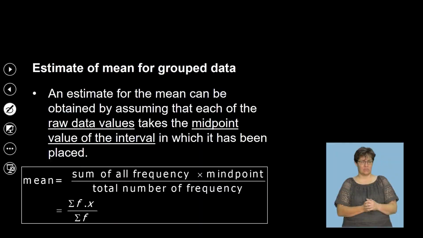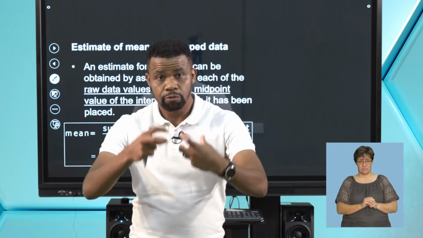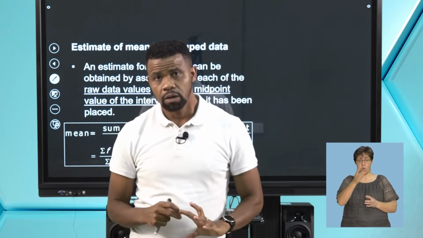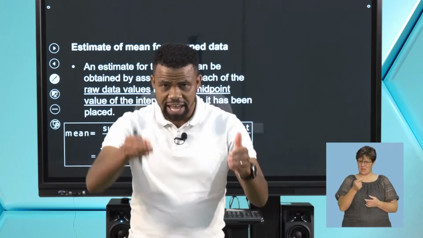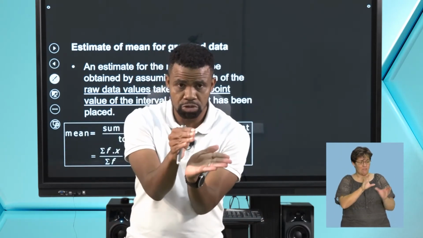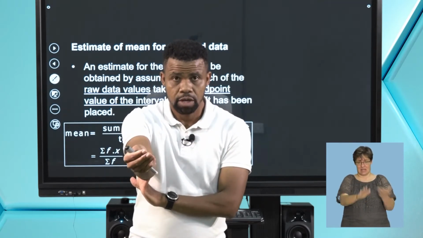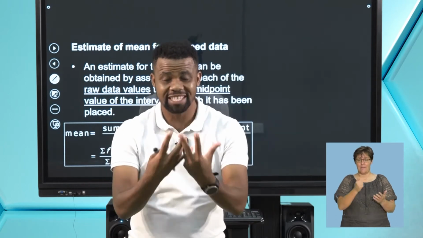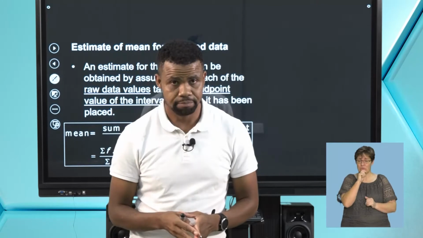Because if you look at the table published by the government, we don't have the raw data. What do we mean by raw data? The actual ages. We just have the groups, where between 0 and 9 is only 3. So we'll have to calculate an estimated mean. Are we together? Using the data.